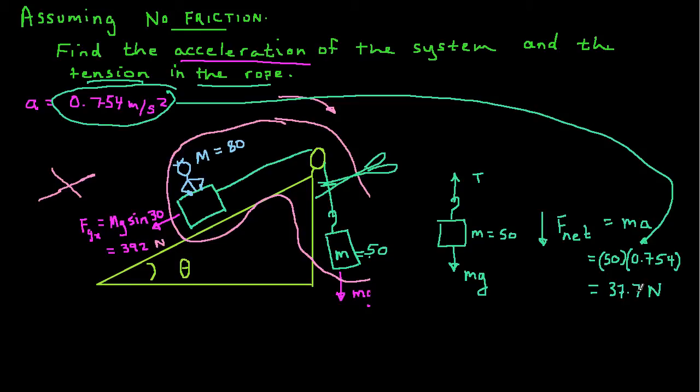Okay, so we actually already know the net force, which is great because one of the forces on our free body diagram is missing, namely the tension. Okay, so mg is equal to 490. So the sum of the forces in the diagram here must be equal to the net force.